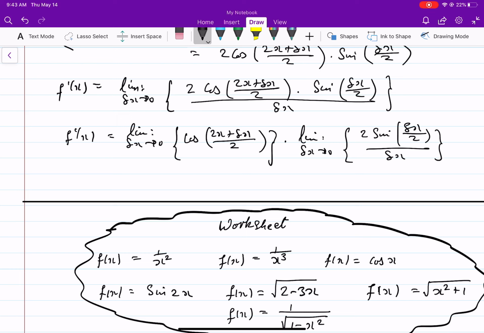I'm bringing the 2 with the sine piece. I split this into two parts: cos of (2x plus delta x) upon 2, and then the second part is 2 sine of (delta x upon 2) upon delta x.